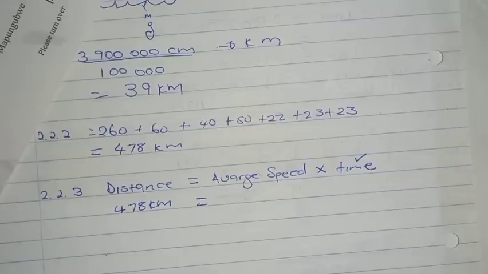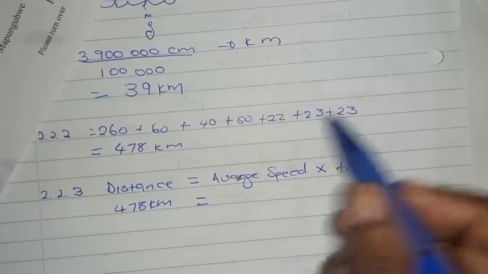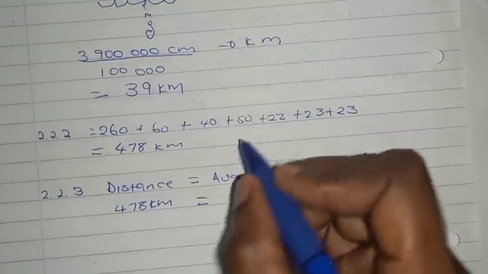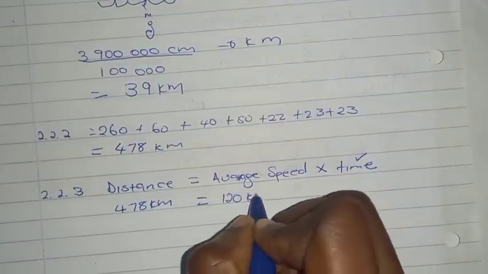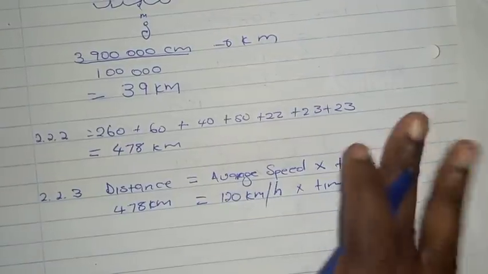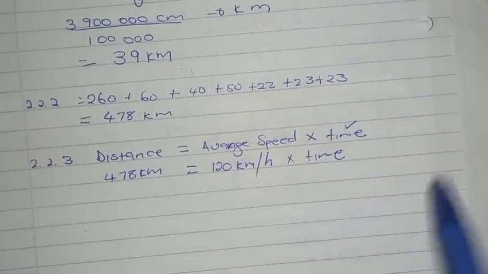You don't have to use time. You can use distance. You can also use speed. So the average speed they gave us is 120 kilometers per hour times time. So how long is the drive? I want to know how long the drive is.